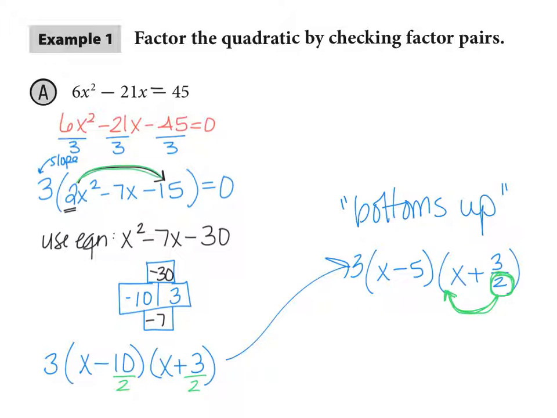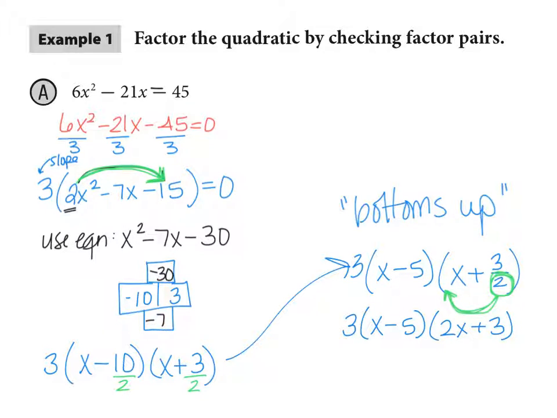I moved it to the end, all right, and then I have to bring it back to the front. So just kind of see the circular pattern here. I move it to the end, and then I bring it back to the front, which means my final factoring answer here is going to be 3x minus 5 times 2x plus 3. All right, those are my factors.